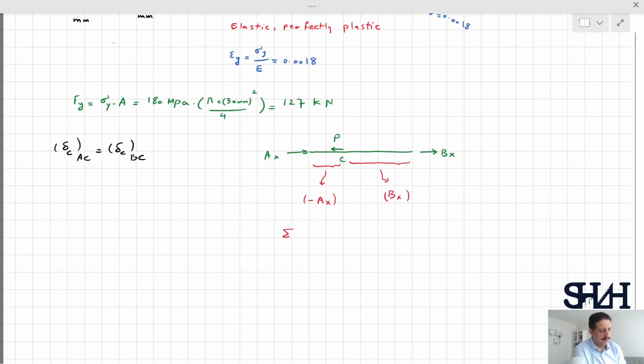From the equilibrium equation in X direction, you can see that AX plus BX will be the same as P.